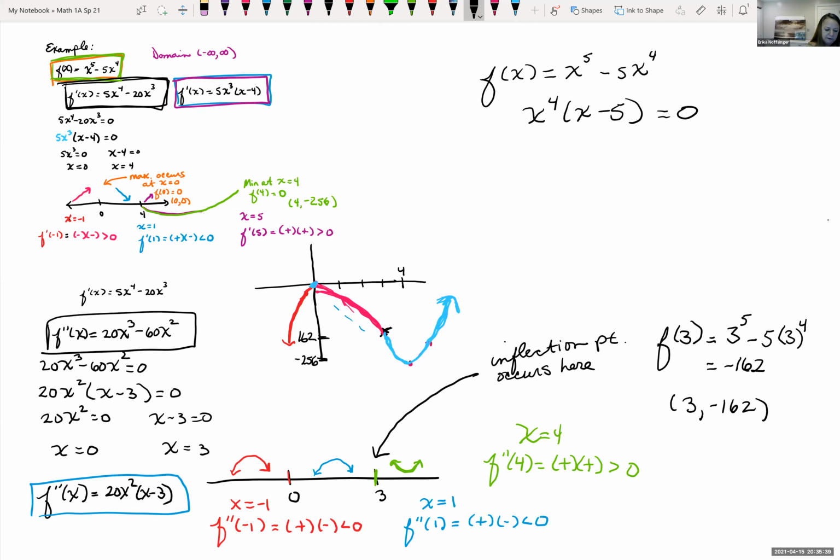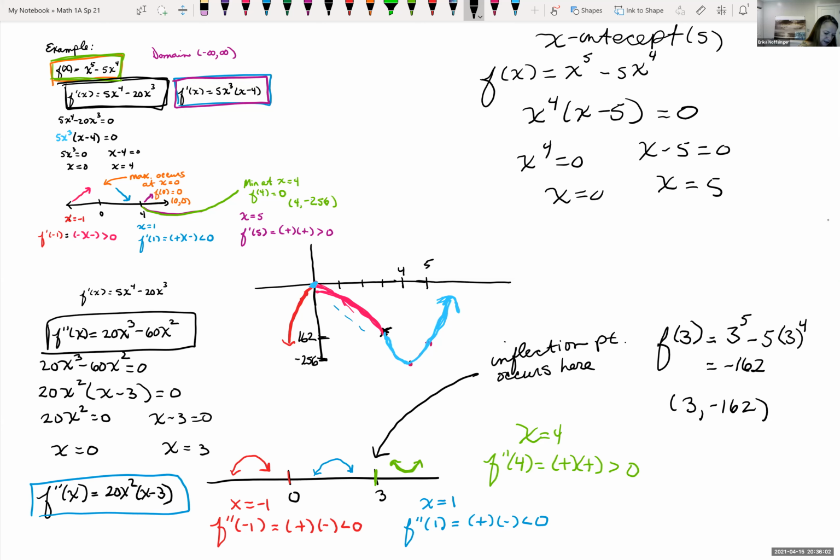We're setting this equal to 0 to find our x-intercepts. It's when x to the 4th equals 0, x equals 0, or when x minus 5 equals 0, or x equals 5. So I know that it's changing direction here and should be crossing at 5. Technically, I'd have to change my graph a little bit to make that happen. But you get the idea, right?